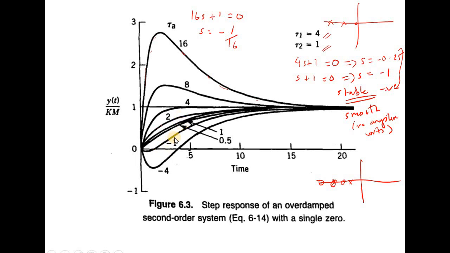However, if we have a negative sign of tau A, we will have an undershoot, and with minus 4 we will have a stronger undershoot, even though it was sitting somehow at the same distance, and both of them are dominant. So we will have some kind of an effect, which was different, by the way, when it was on the other side.